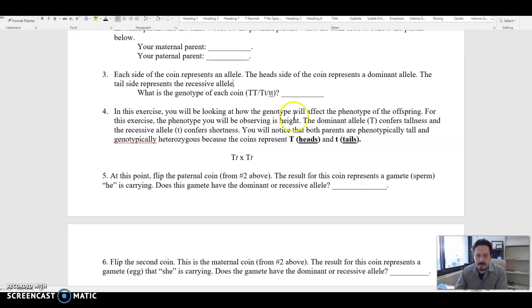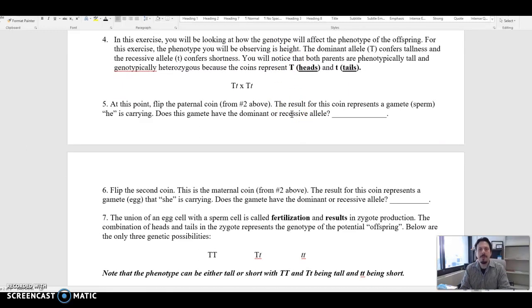So what you're going to do is flip a coin. Each side of the coin is going to represent a gamete. So for example, I'm going to flip this coin, and I find that this one flipped heads. So that means that this parent is going to give their gamete the big T allele. So I'm going to do that again for this coin.